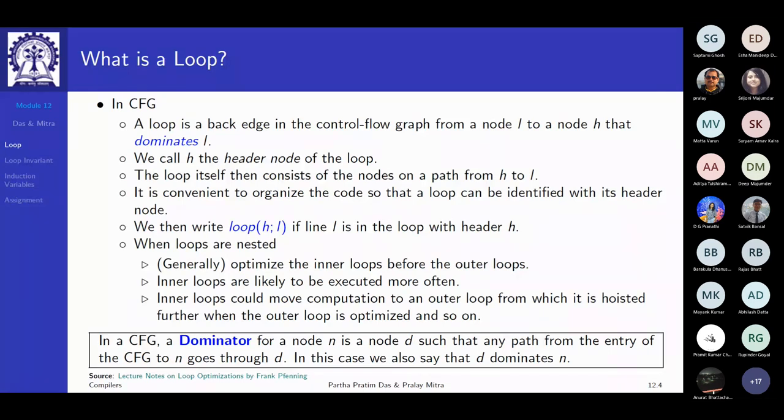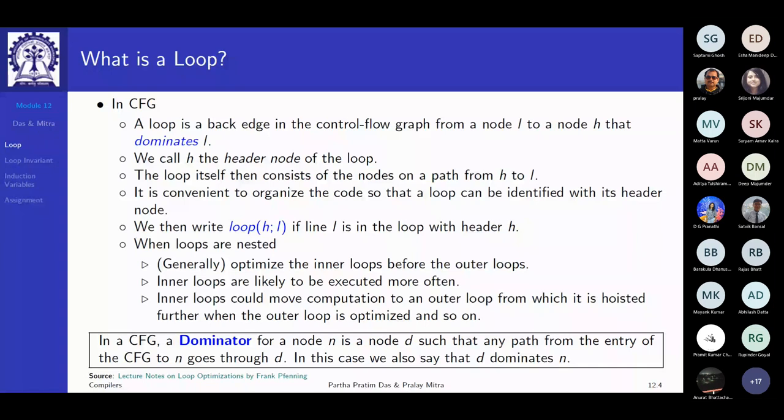Obviously, back edges you can determine very easily by doing a depth first traversal of the control flow graph. You really know that a back edge is one which goes to a node that you have already seen.